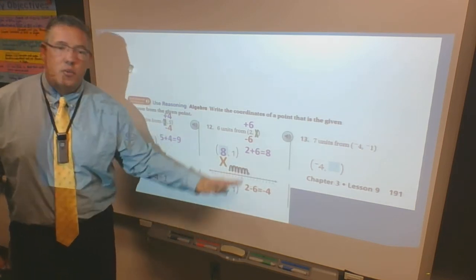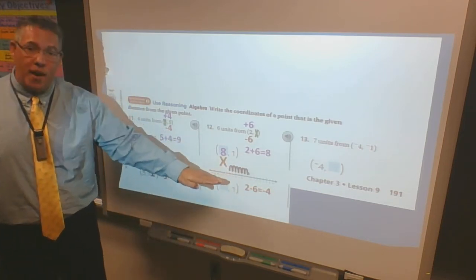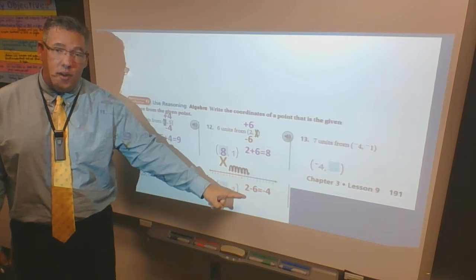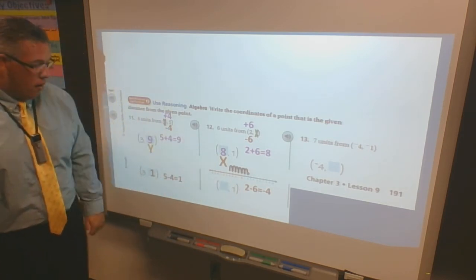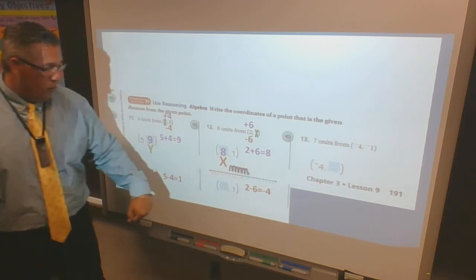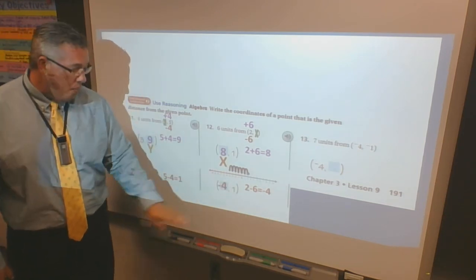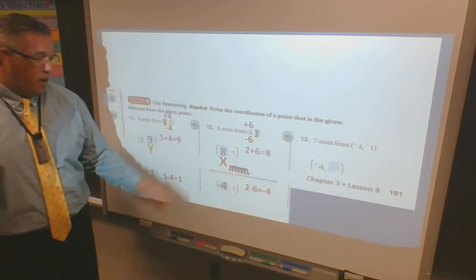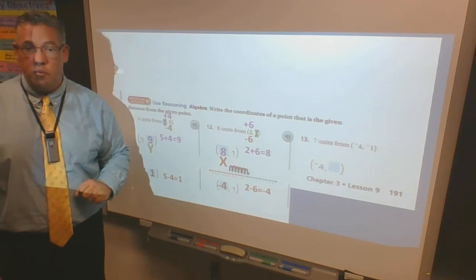If you don't know how to do this mathematically, if that doesn't make sense to you, you can draw a number line, but keep in mind, you don't have to do the negative. All you have to have is the positive that's correct, and it still counts. But if I want to do that one, then I end up with -4. So my other point could be -4, 1. Once again, there were 2 possible options. Both are correct, and I don't care which one you do.